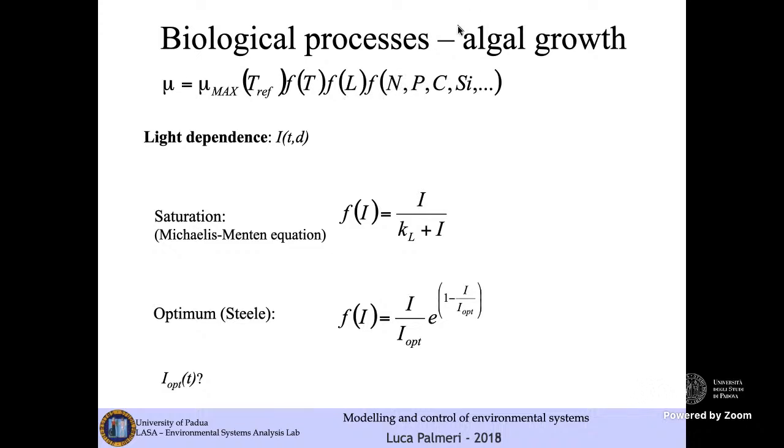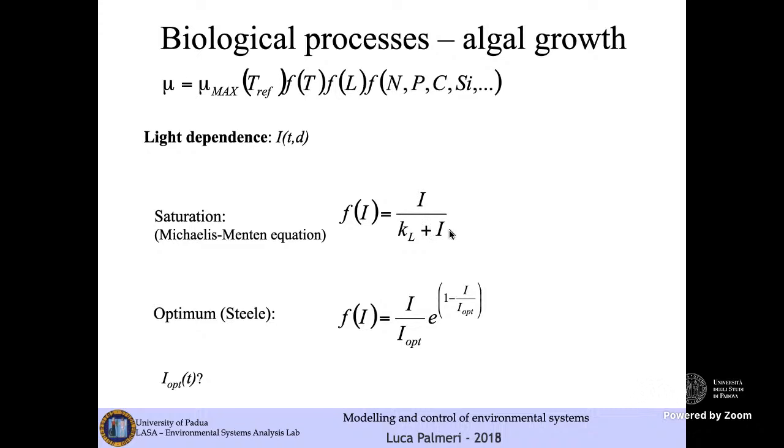Typically, the light dependence may be described by two submodels. The first one is the classical Michaelis-Menten equation. It is a saturation-like behavior in which the function for algal growth limitation due to the presence of light depends on a parameter KL, the so-called semi-saturation constant.